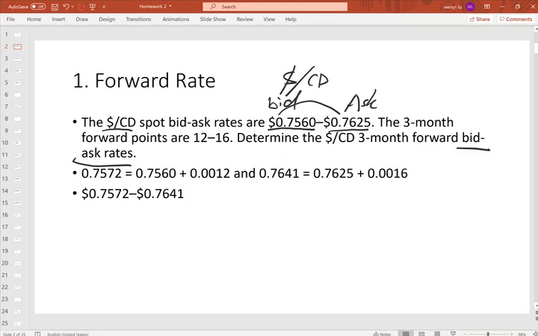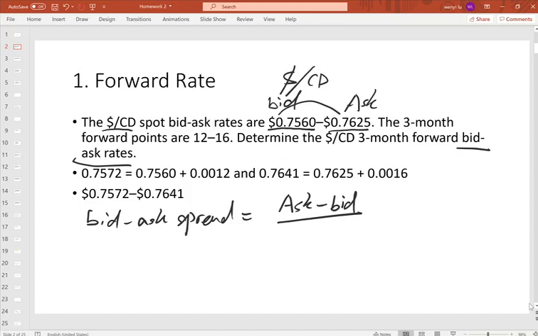And if we are given the bid and ask quote, we can solve the bid and ask spread, right? The formula is the ask price minus the bid price over, be careful, it's not over bid price, but over asking price times 100%.